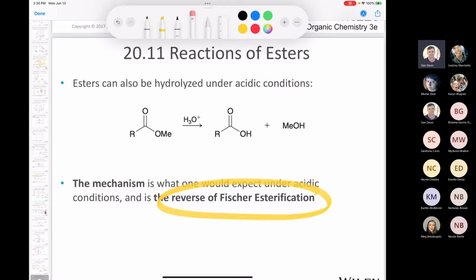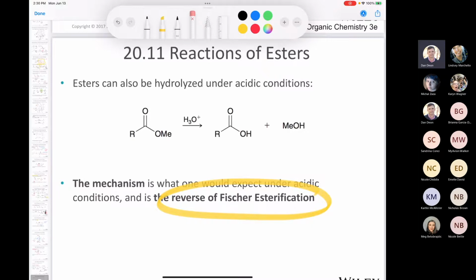If you know the mechanism of a reaction in one direction, and you look at that reaction in reverse, if it's something that's in equilibrium, the mechanism is always the exact same arrows, just in reverse. That's all it is. There's no brand new mechanism that you've got to conjure up. It's not a thing.